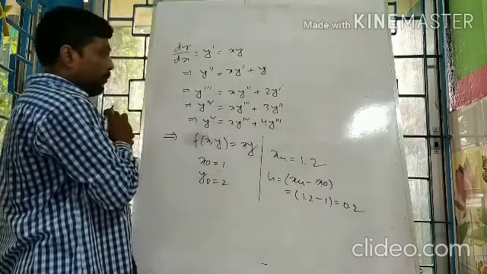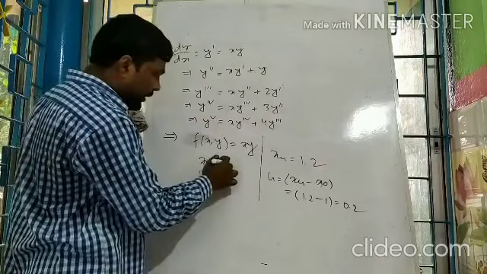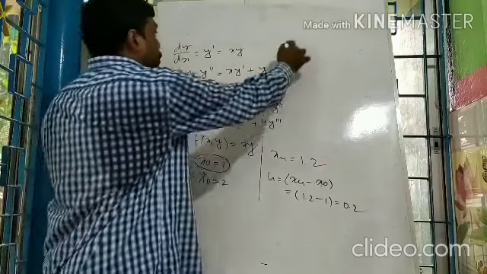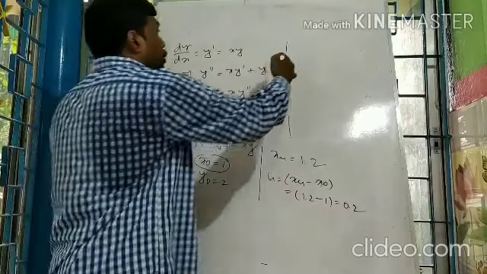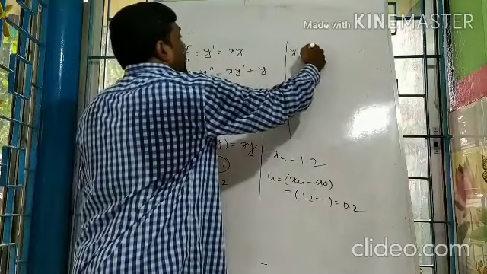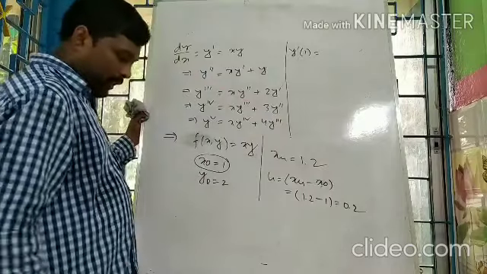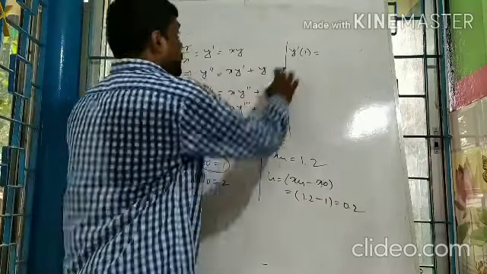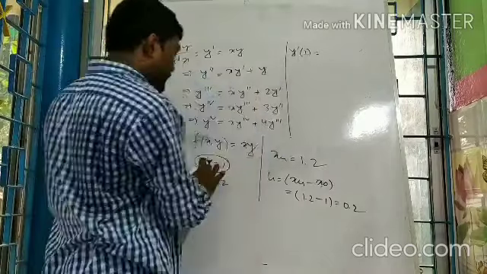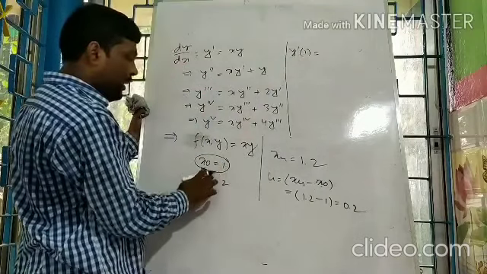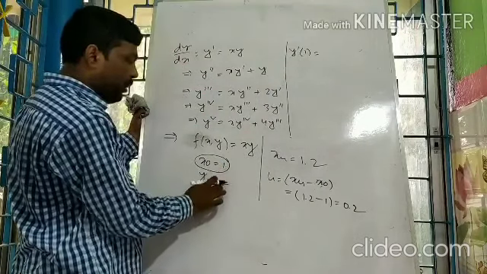Okay. Now, what is x0? x0 is 1. So calculate y dash at x0. When x0 is 1, y0 is 2.